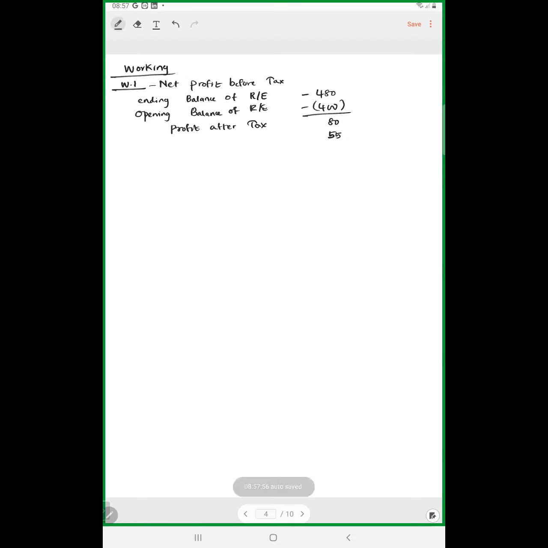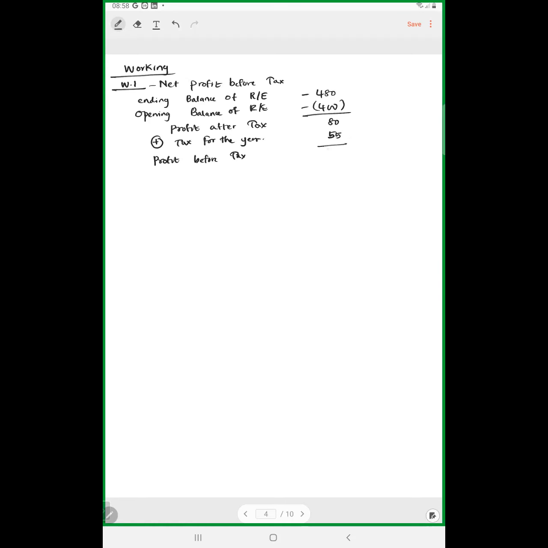Profit before tax minus that 55 gives the profit after tax. So we need to calculate profit before tax. Therefore, yes, we need to add the tax for the year. Then we can calculate profit before tax.